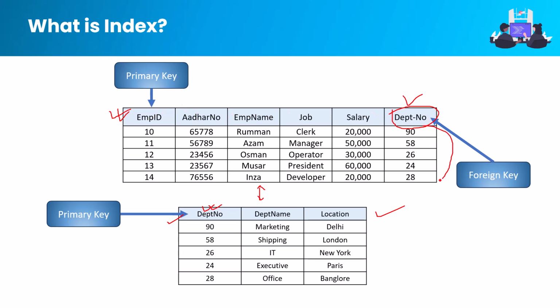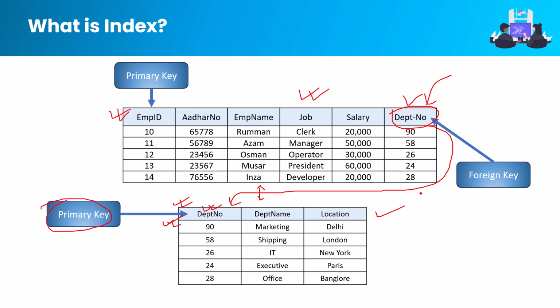But here in the employee table, the department ID may not be unique, while in the department table the department ID will be unique. So the department number is nothing but the primary key for the department table, but this department number here in the employee table will be the foreign key.